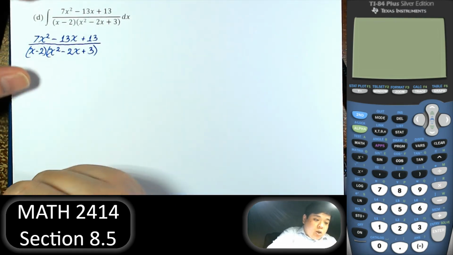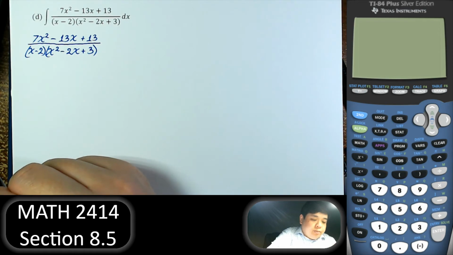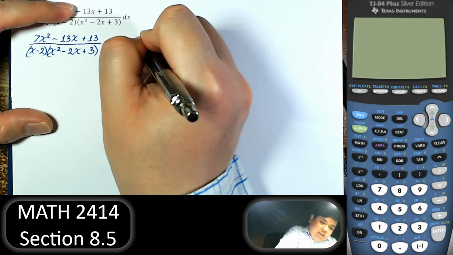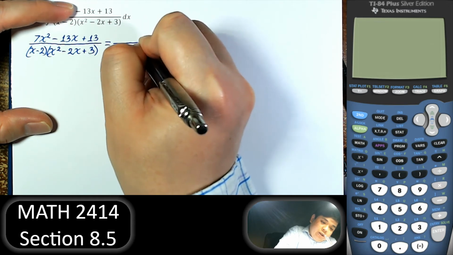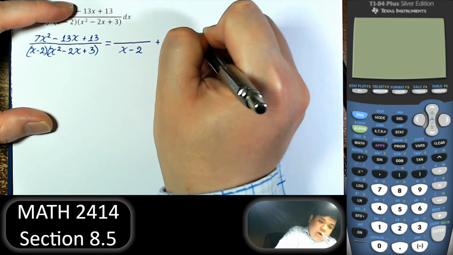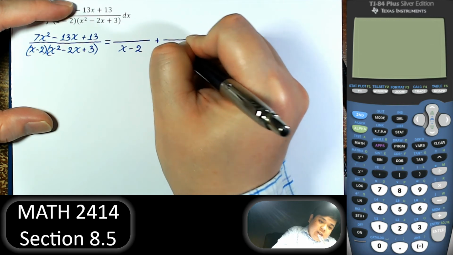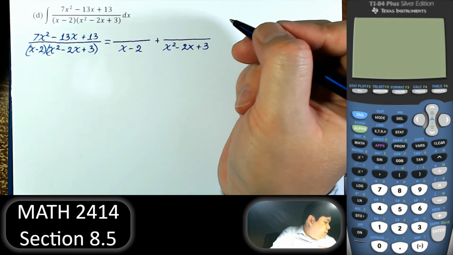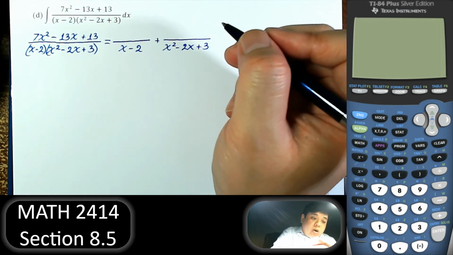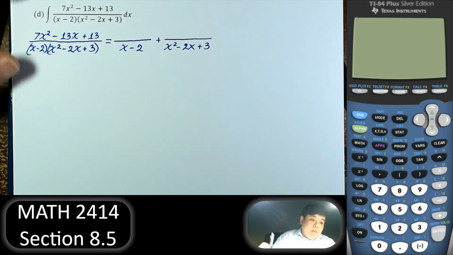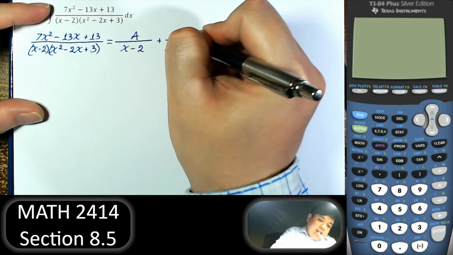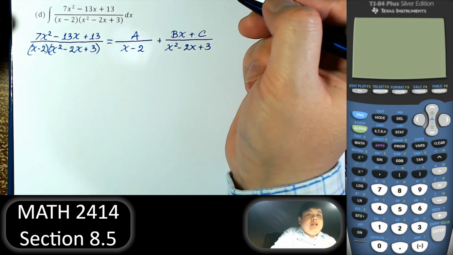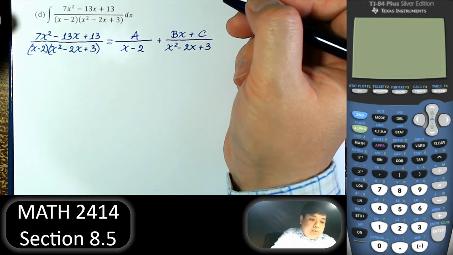Now, there's just a factor of x minus 2 and the factor of x squared minus 2x plus 3. Actually, this one, the partial fraction is simple. We just have A here and quadratic Bx plus C. Just go ahead and partial fraction.